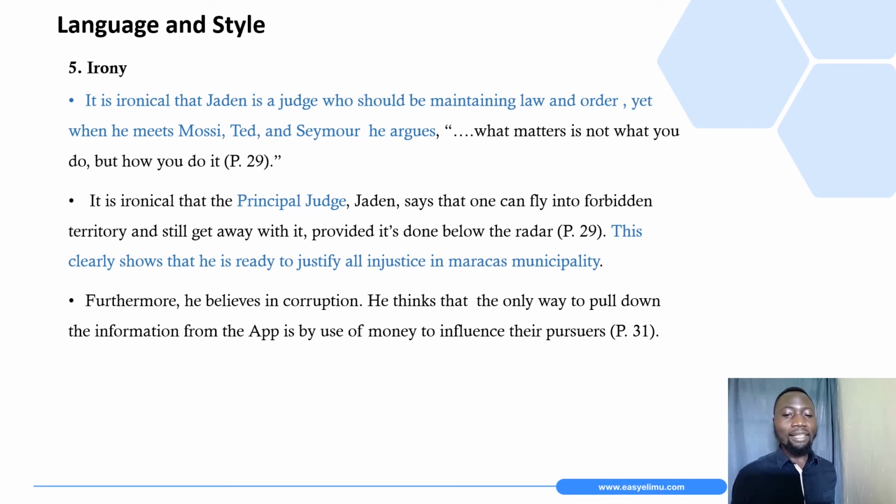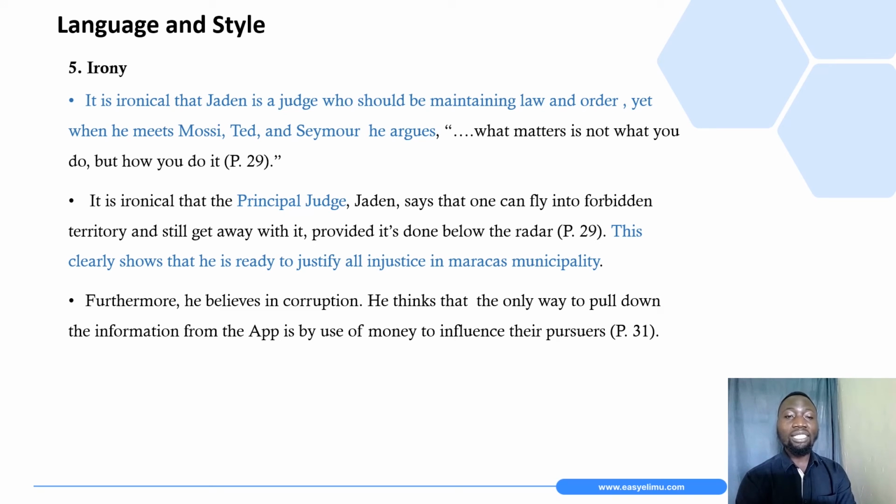The last item that we are having in this scene, dear students, is use of irony. Remember, we had said that irony is the use of language that normally means the opposite to what is intended. So irony is also normally used to create emphasis, just as seen in rhetorical questions. So it is ironical that Ian Darden is a judge who should be maintaining law and order.